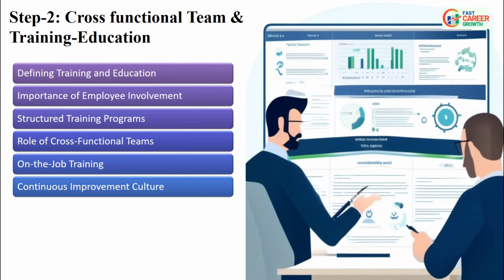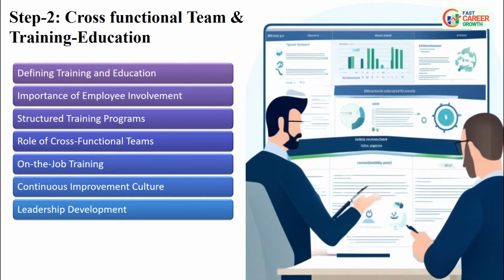On-the-job training. Discuss the importance of on-the-job training and hands-on experience for employees to apply TPM principles in real-life scenarios. Continuous improvement culture. Highlight that training and education are essential for instilling a culture of continuous improvement where employees are encouraged to suggest and implement improvements. Leadership development.